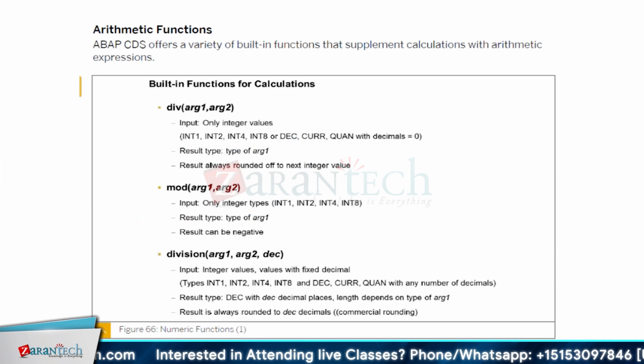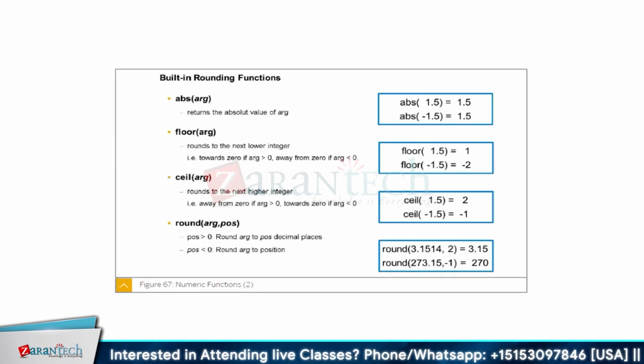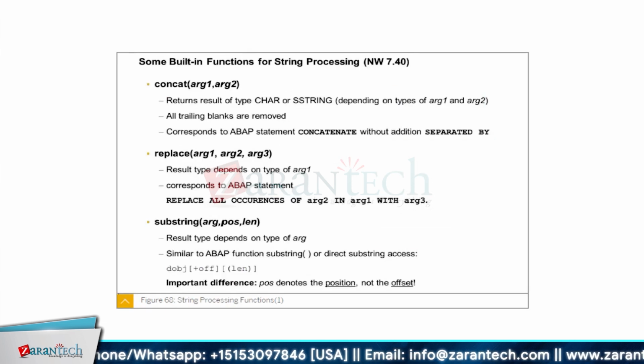Similarly, division operators, modulus operators, and so many functions like absolute function, floor function, ceil function, rounding the numbers to two decimals or one decimal. All these arithmetic calculations also you can include. Similarly, string functions: concatenating two strings, replacing one string with another string, finding the substring.